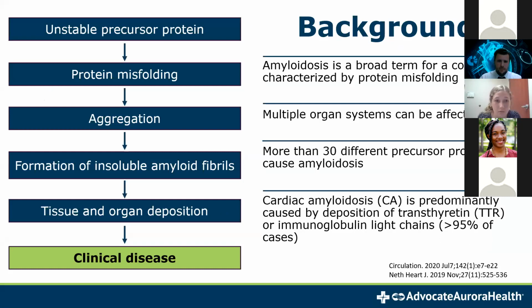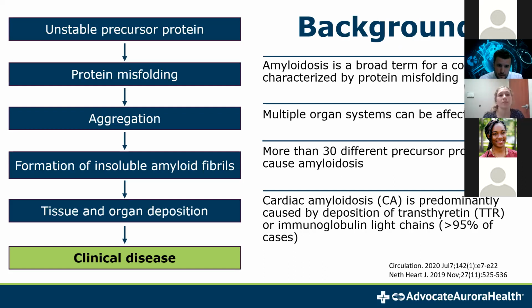So what is amyloidosis? It's really a broad term that's used to describe a condition that's characterized by abnormal protein misfolding, in which there is an unstable precursor protein that misfolds, aggregates, and then forms insoluble amyloid fibrils, which then deposit in the extracellular space of various organs and tissues, which then affects their structure and function and then leads to clinical disease.